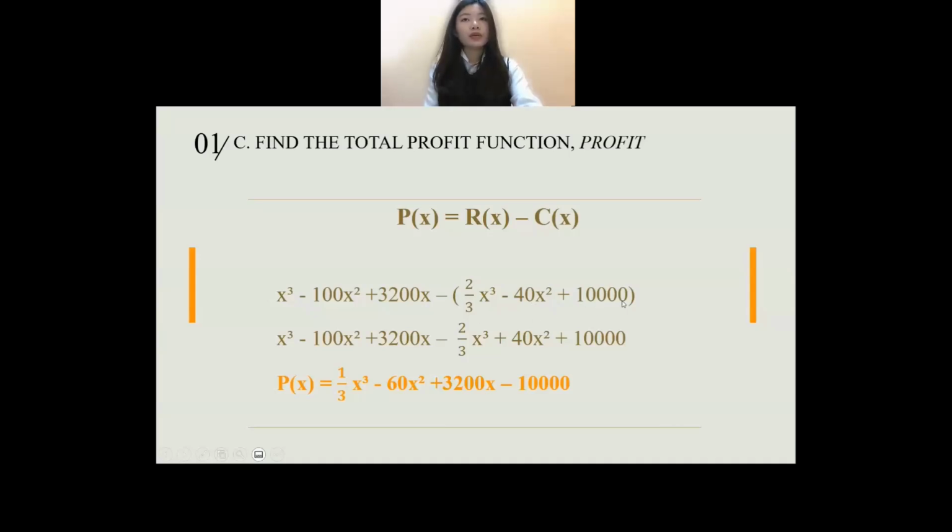By using the bracket, we can easily determine the negative or positive sign while doing the calculation. This gives us the total profit function of 1/3 x cubed minus 60x squared plus 3200x minus 10,000.